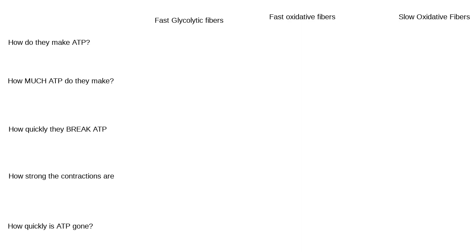Yeah, so its energy is going to come from glucose. We're going to use that process called glycolysis. So we're breaking down glucose. That's the way fast glycolytic fibers make ATP.